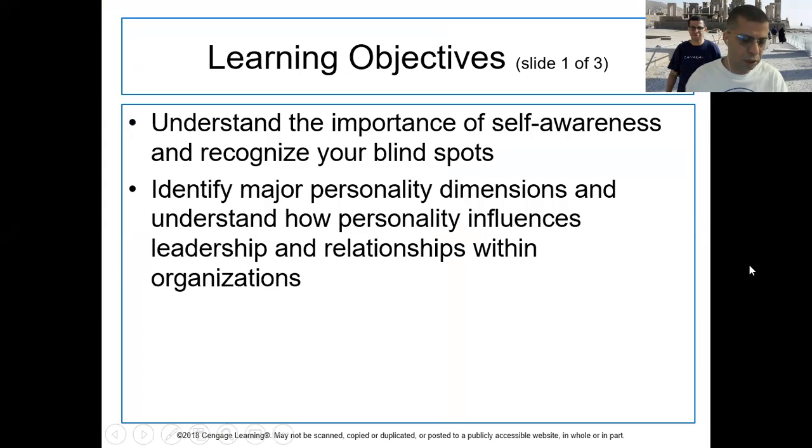The learning objective of this chapter is to understand the importance of self-awareness and recognize the blind spots of leaders, identify major personality dimensions, and understand how personality influences leadership and relationships within the organization.